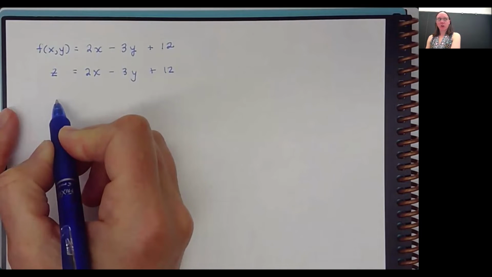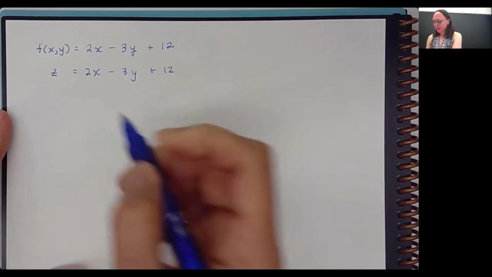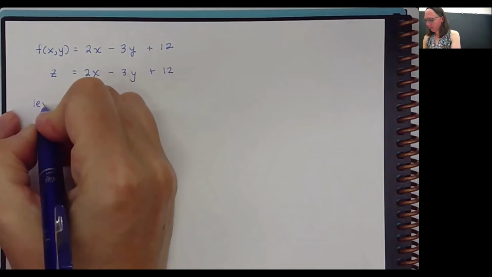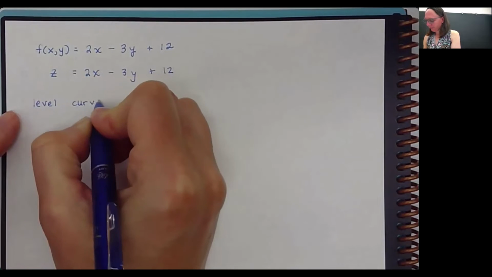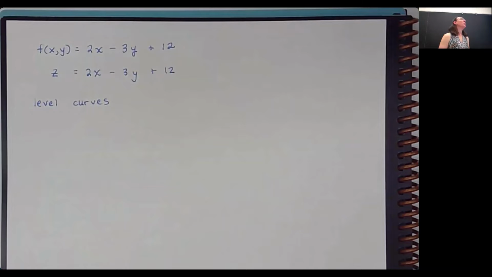Should we pick some level curves by setting values of z, x, or y? It doesn't really matter. In terms of sketching some level curves, we usually use them for z.